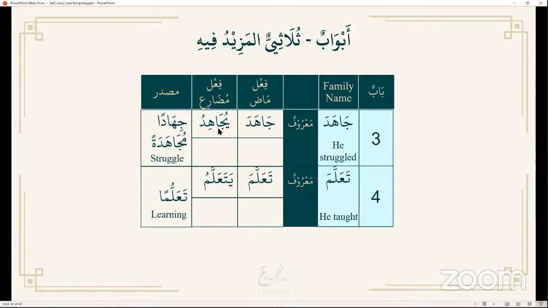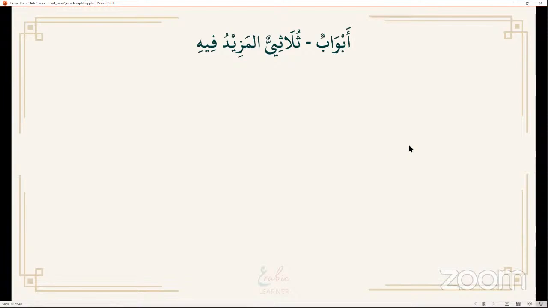Jahada yujahidu jihadan aw mujahadatan. Ta'allama yata'allamu ta'alluman. Okay. Next.